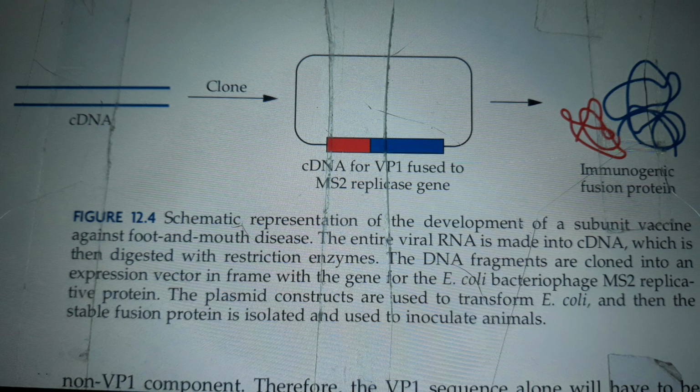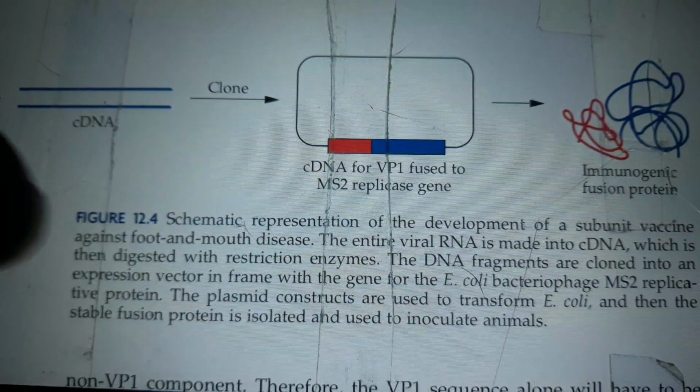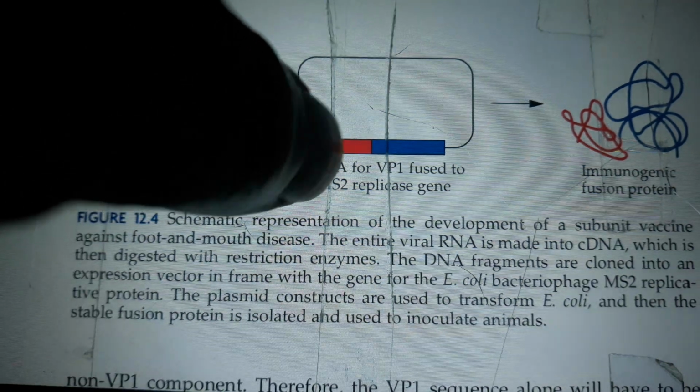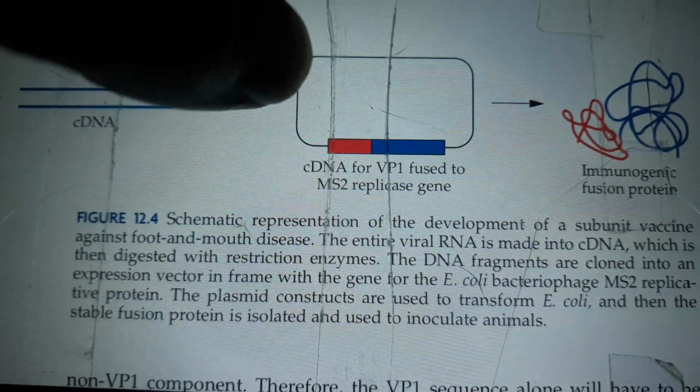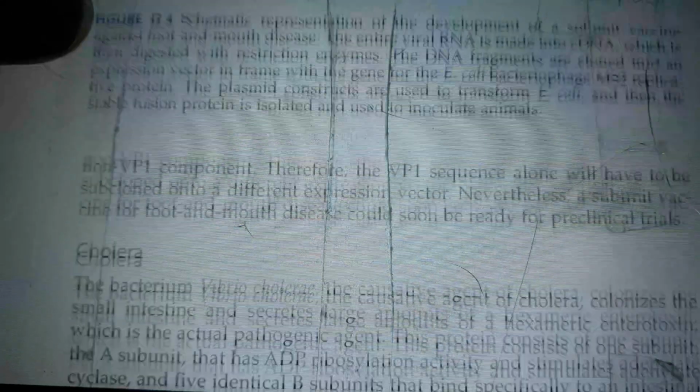The plasmid constructs are used to transform E. coli, and then the stable fusion protein is isolated and used to inoculate animals. The viral RNA, cDNA, that's complementary DNA. Clone gives cDNA for VP1 fused to MS2 replicase gene, gives immunogenic fusion protein.